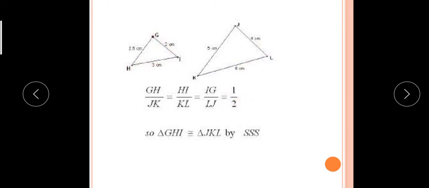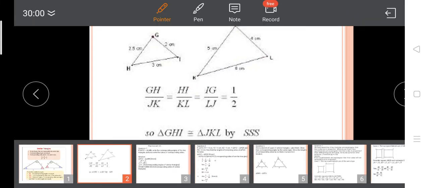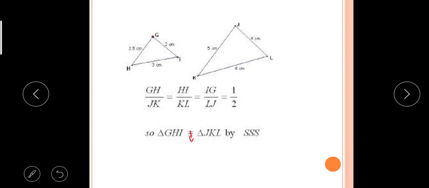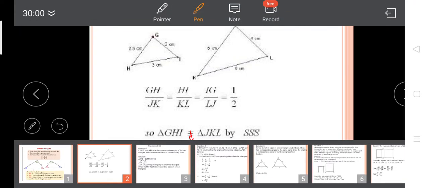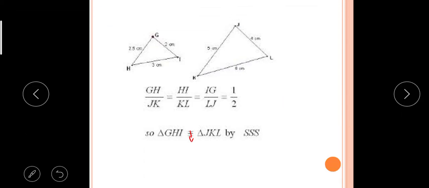And 2 by 4, that is also equal to 1 by 2. It means that triangle GHI is similar to triangle JKL. Okay, this symbol is a little bit wrong. This is the symbol for similarity.